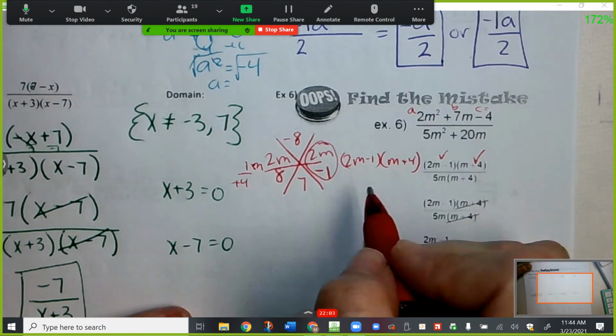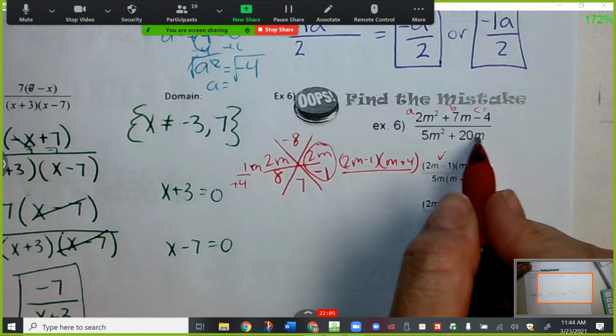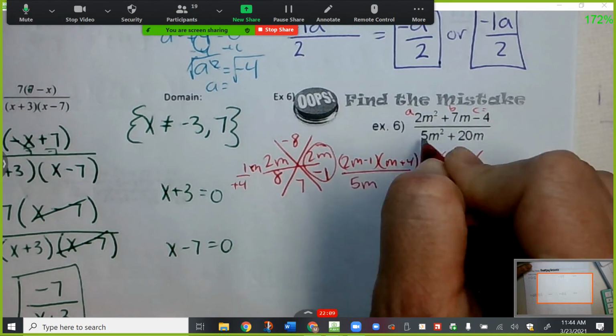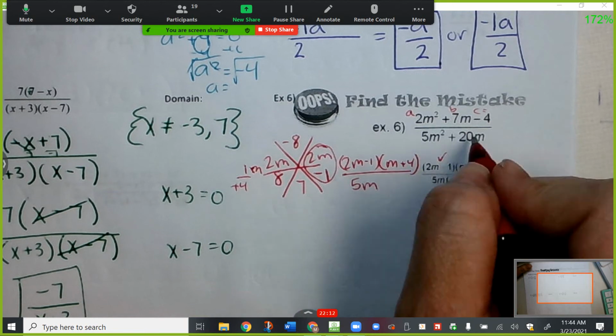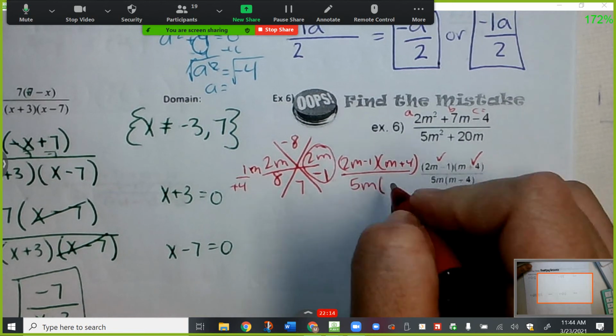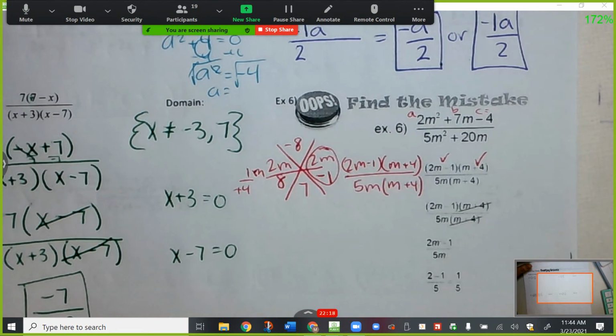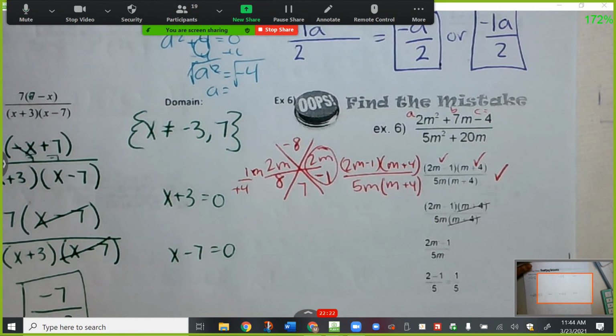Now, what's my GCF on the denominator? 5m, because 5 goes into 5 and 20, m goes into m and m squared. And that leaves me with m plus 4. So that's what they got. So the first step is 100% right. Now, what do you do from there?